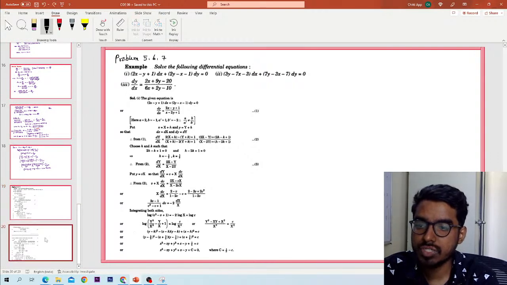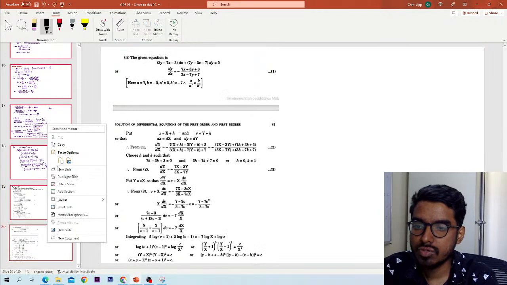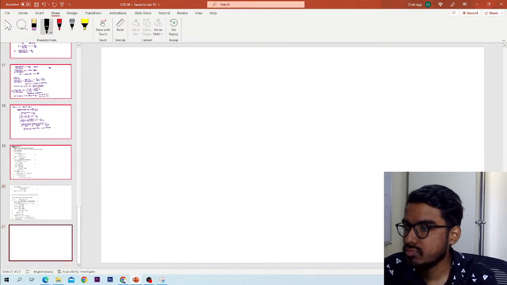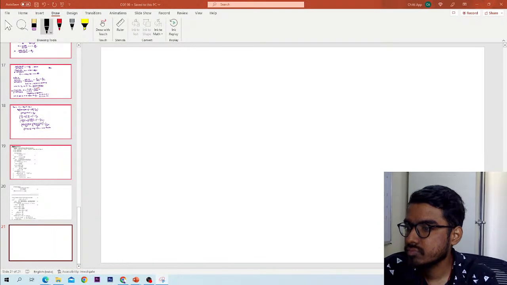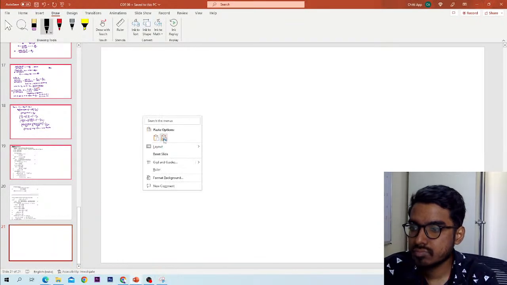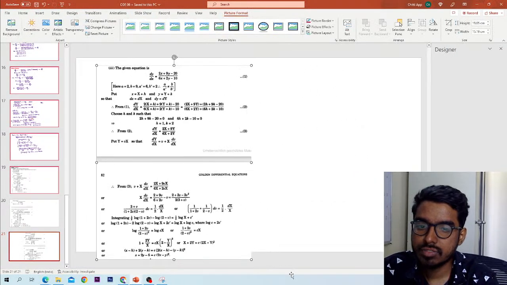Solution for 1, solution for 2, the solution for 3 also. It is the solution for 3.